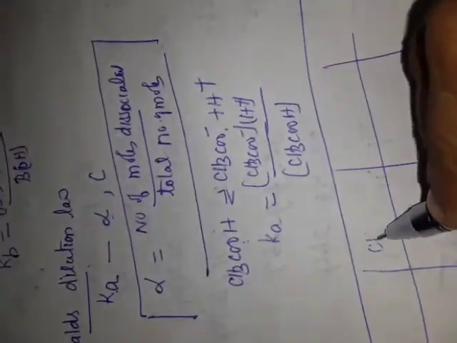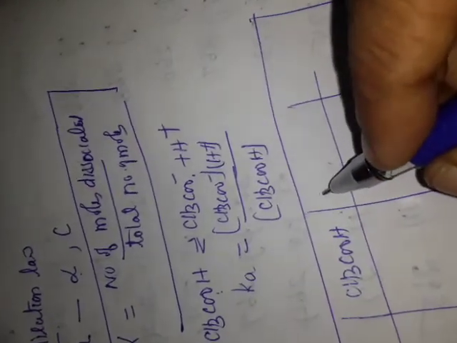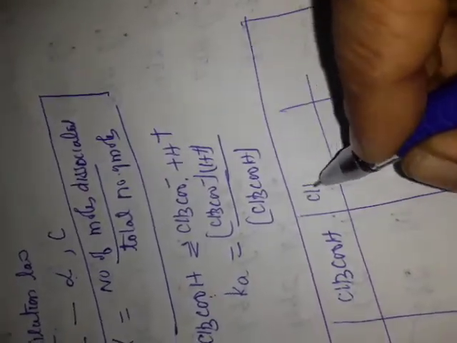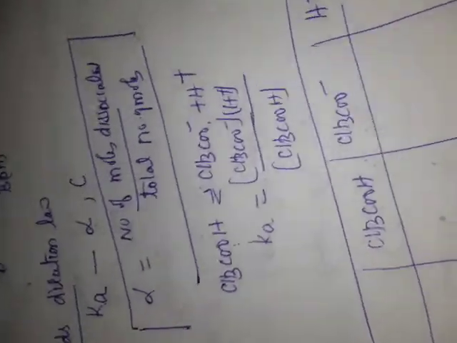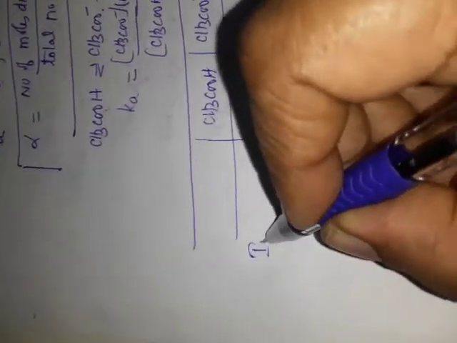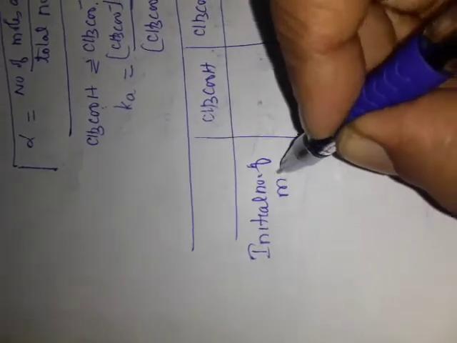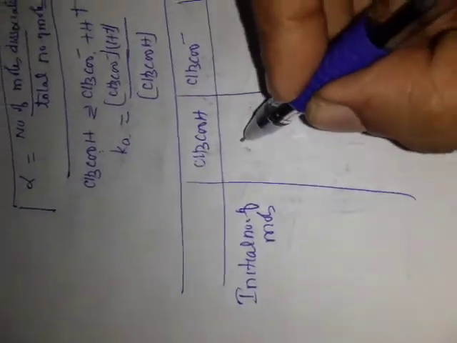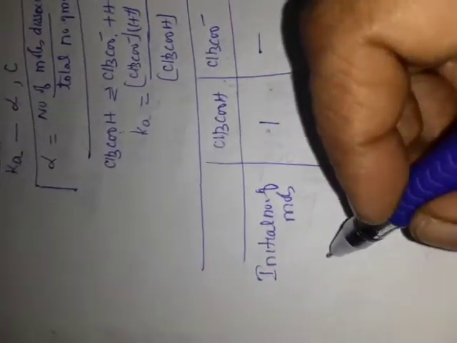Now for calculating Ka, we draw a tabular column. Here, acetic acid, acetate ion, H+ ion. First, the initial number of moles: consider it as 1 at the start of the reaction. There won't be any products.